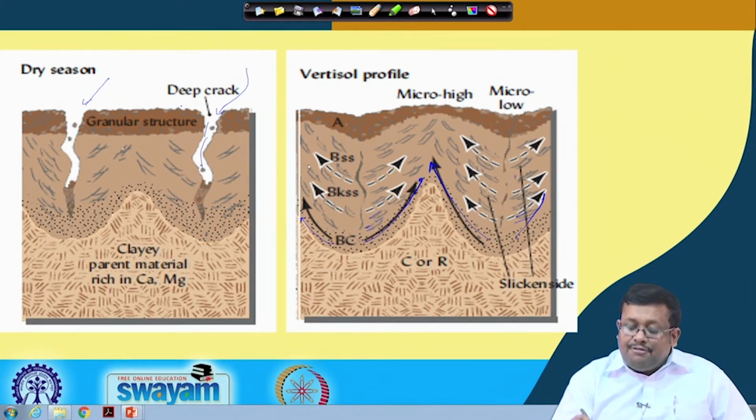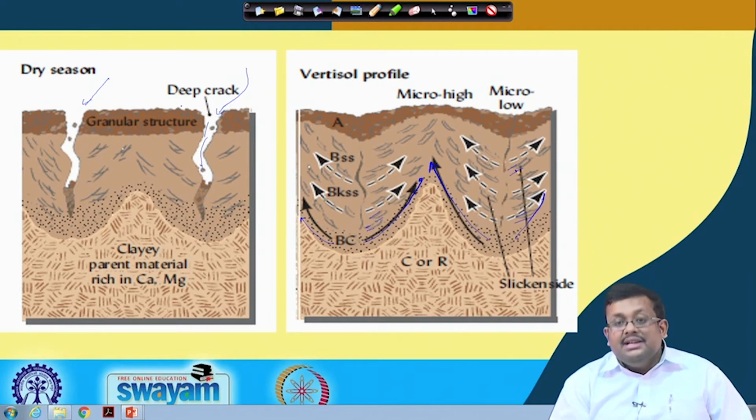These shiny features present at oblique angles are called slickensides. And as a result of this type of clay movement and sealing action, there will be some ephemeral lakes formed at the surface. We call it gilgai relief.